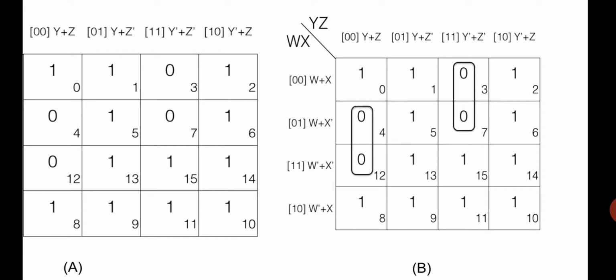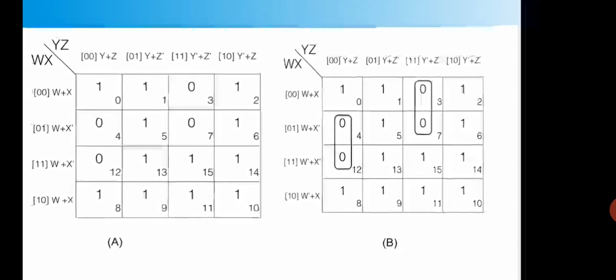But in this case you are performing an OR operation on literals, isn't it? That is the reason why you are trying to combine zeros instead of going for ones. Now the adjacent or consecutive zeros should be combined. That is the reason why you are putting the boxes at the zero places. In the same fashion, how exactly we can work on this, we will see in the next slide.